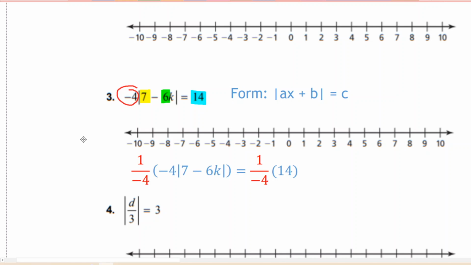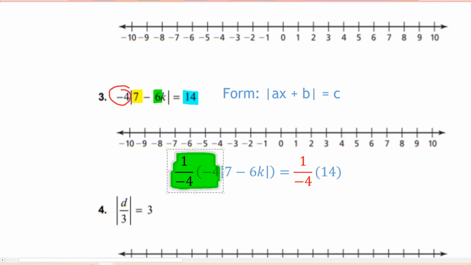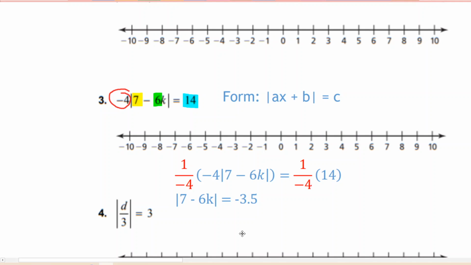So we'll divide the left side and the right side by negative 4. And what that's going to do here, that's going to change this negative 1/4 times negative 4. That's equal to 1. So this is basically going to cancel out here on the left. When I do the arithmetic on the right side, I'm going to get negative 3.5. So fully what I get is the absolute value of 7 minus 6k equals negative 3.5.